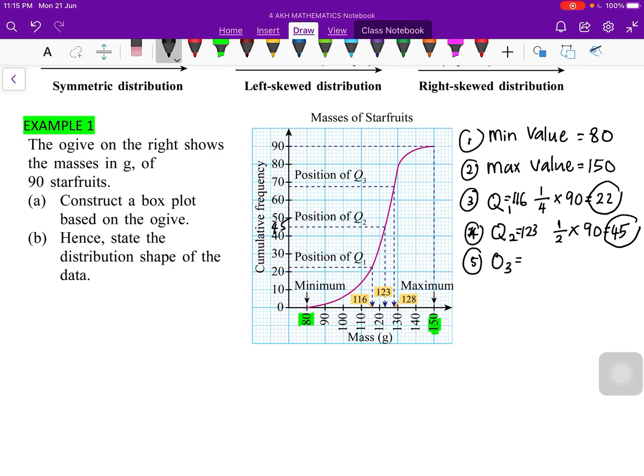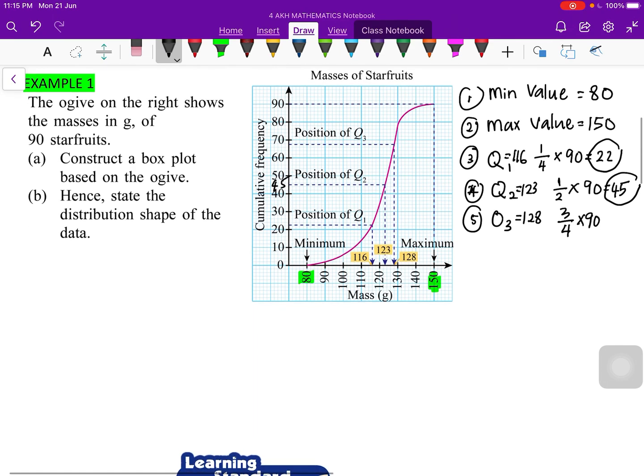And finally, third quartile is actually 3/4 times 90. So the value of mass here is 128. Okay. So that is how we find our quartiles.